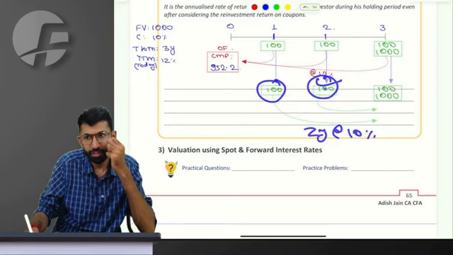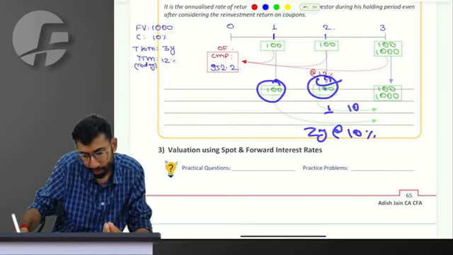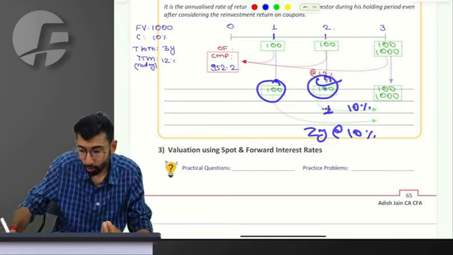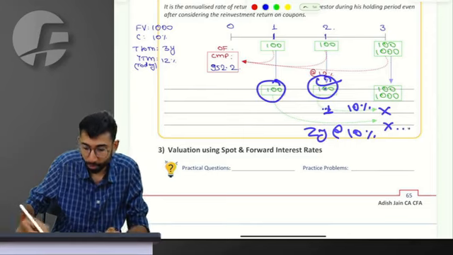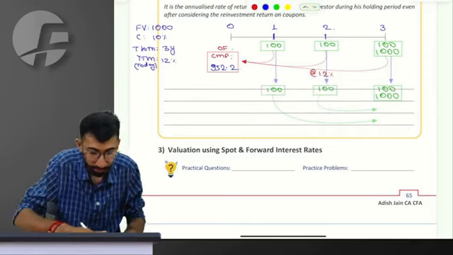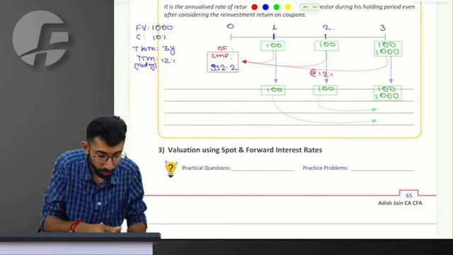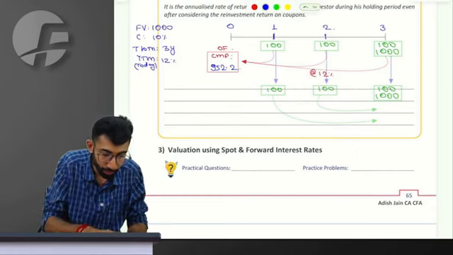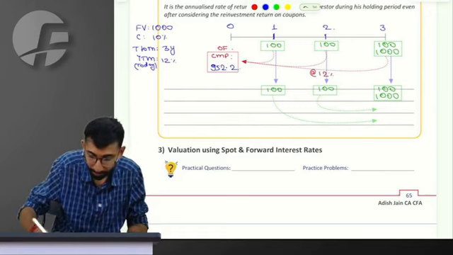And this will get invested again at the rate of, suppose, 10% only for 1 year. How much does this amount on the day of maturity turn out to be? Let us calculate. Please do it. So 100 into 1.1 multiplied by 1.1 equals 121.